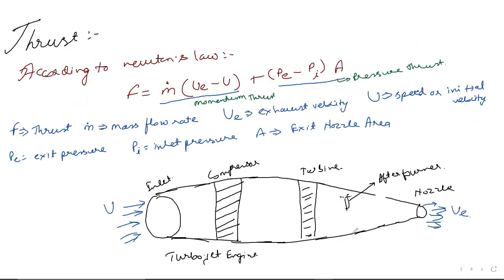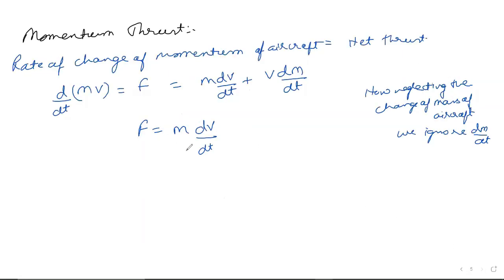Now the second thing is the difference in velocity, dv. But what is this dt? It is how much mass flow is moving. Mass flow rate and mass change are very different things. dm by dt is the change of mass, but m by dt here is the mass flow. So dv is ue minus u, and m by dt is known as m dot.